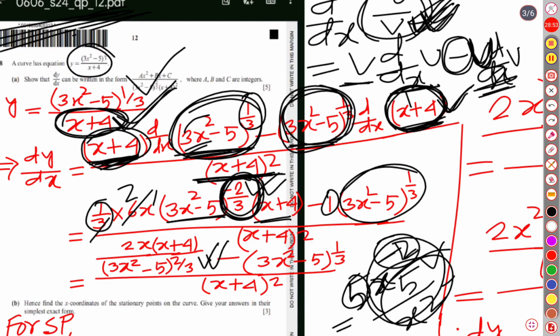We can write here 2, so it's 2x into x plus 4 over this one. Already I have explained, this portion is the denominator, and the third portion is actually unchanged, negative 3x square minus 5 raised to 1 over 3.